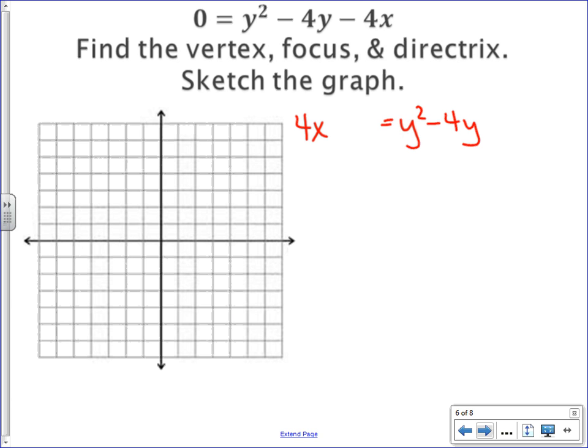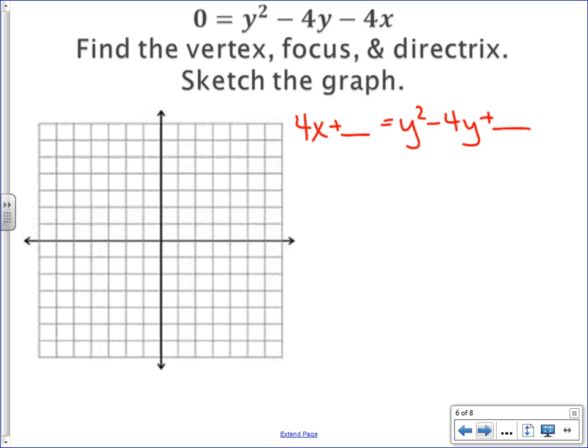Now, I need a binomial square. I don't have that, which means we have to complete the square. That's why we practiced it this morning. If I add a number to this side, I have to add the same number to the other side, so we keep everything balanced.